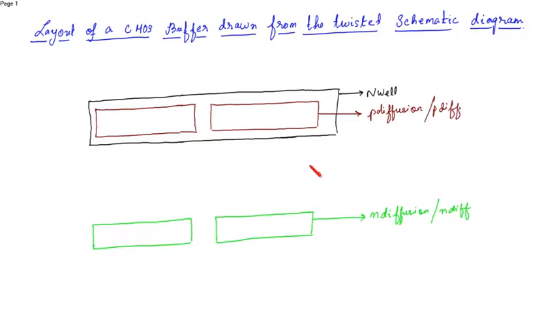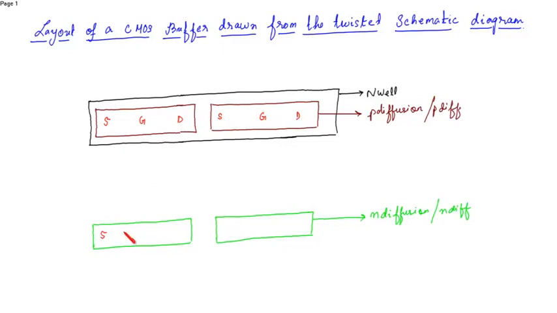Now after drawing the PMOS and NMOS, next you have to draw the terminals, the 3 terminals of the corresponding gate. So this is PMOS 1, this is source of PMOS 1, gate, drain, then this is again source, gate and drain.